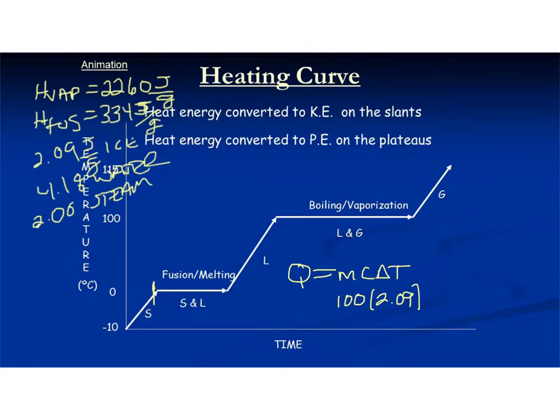Remember we said we started at -10 to 0, so that's going to be +10. That equals the total Q, and if you do the math here, you're going to get 2,900 joules. All right, so let's do some erasing here.